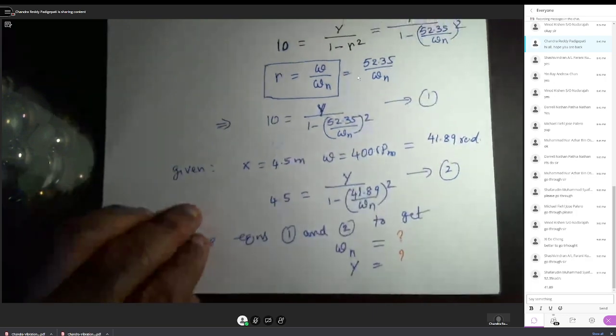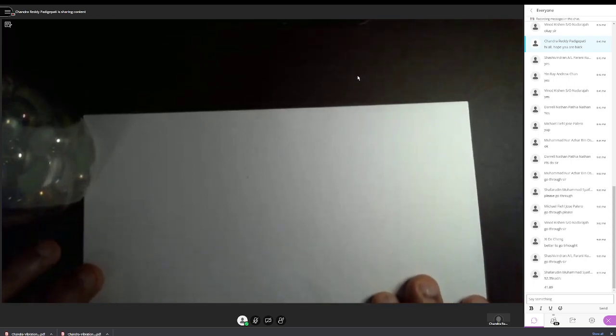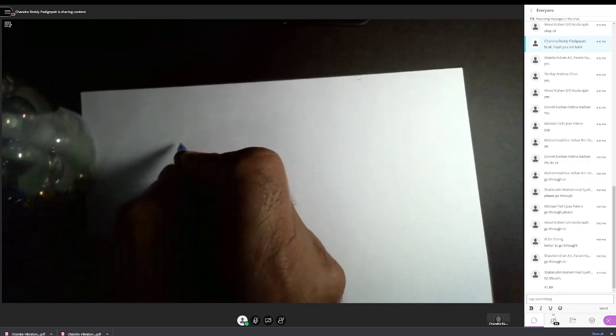All right. So you calculate the natural frequency and the y amplitude. After that, you can calculate the spring constant.